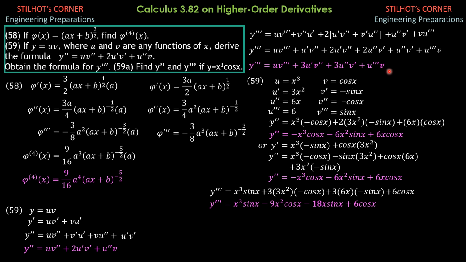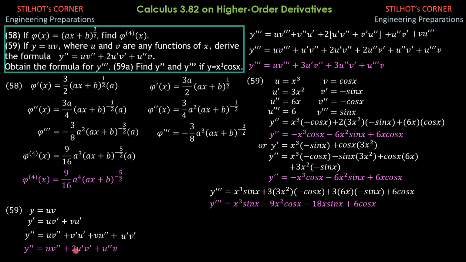But if you look at the patterns, so we have first u v double prime for y double prime, plus 2, then u prime v prime, and plus u double prime v.